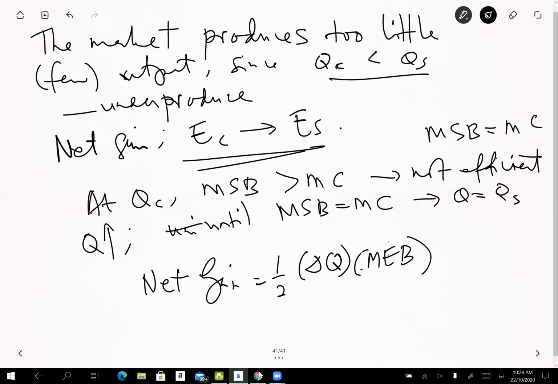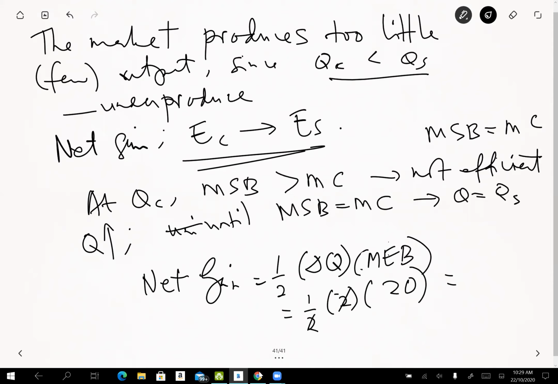So MEB is 20, and the increase in the vaccination is 2, and the MEB is 20. So the net gain would be equal to, 2 and 2 would be what? Million. So it would be 20 million. Is it million? Sorry, yeah.